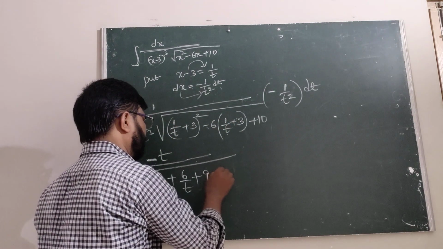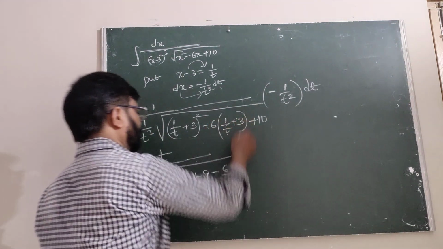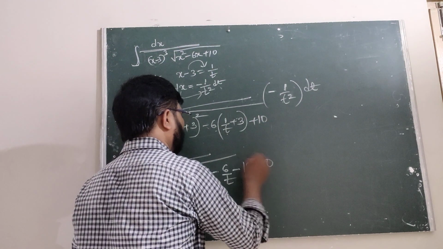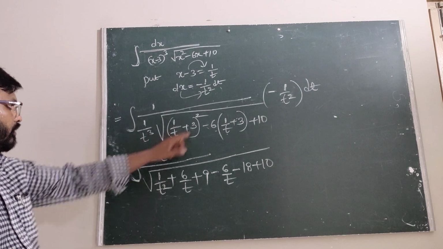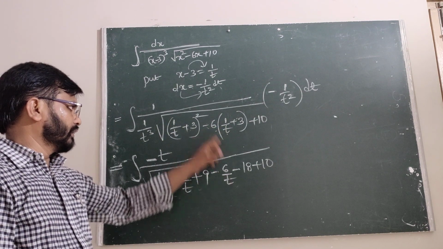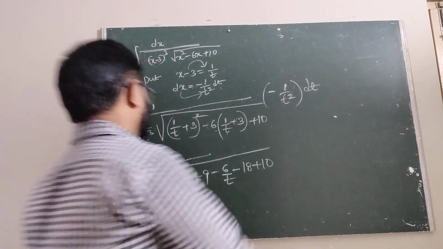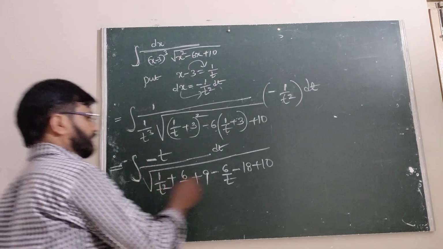Now this is minus of 6 by t, minus 18 plus 10. Is it clear? Now this is a square, 2ab, b square is 9, minus 6 by t, minus 18 plus 10. Now this is minus of t.